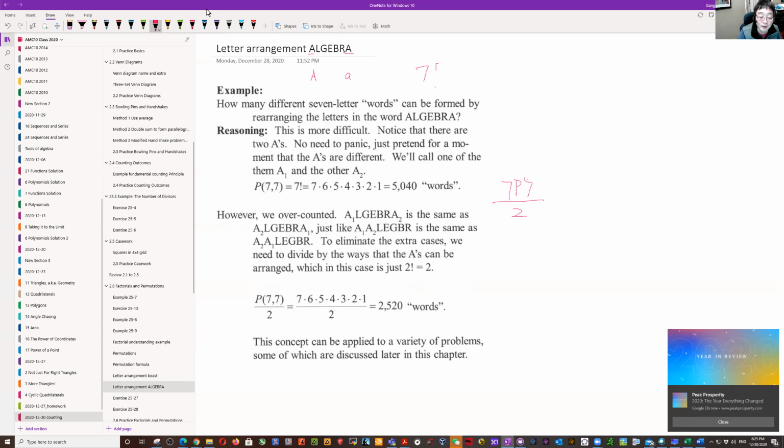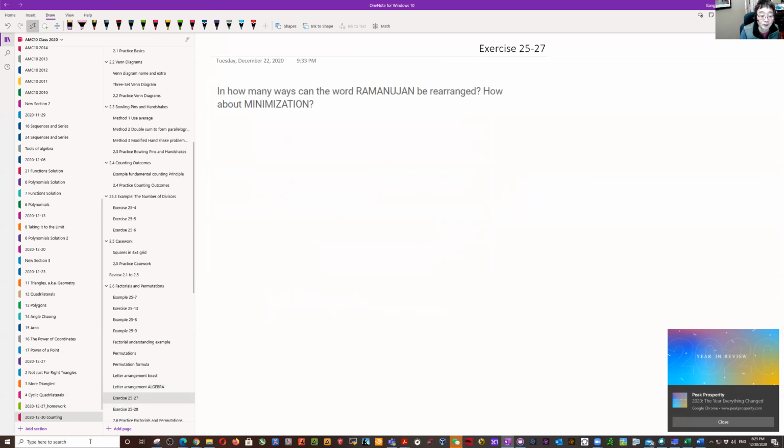But by close examination, you find that the capital A and the little a give exactly the same arrangement. So you basically have to divide by 2. That's the letter arrangement with repetition.